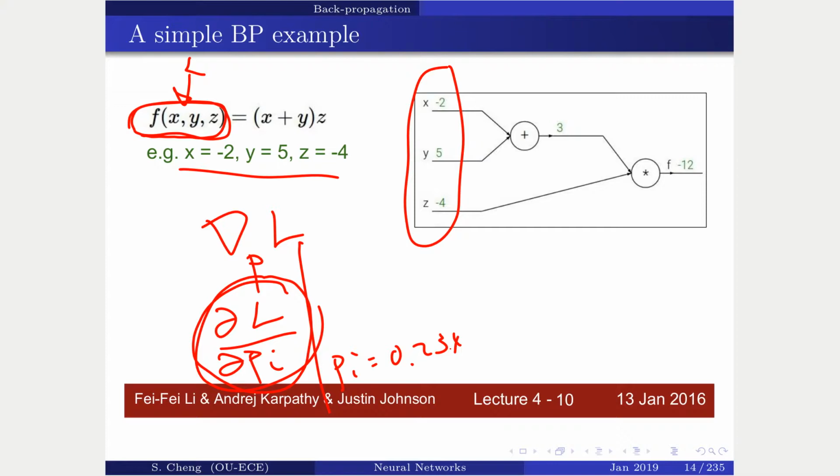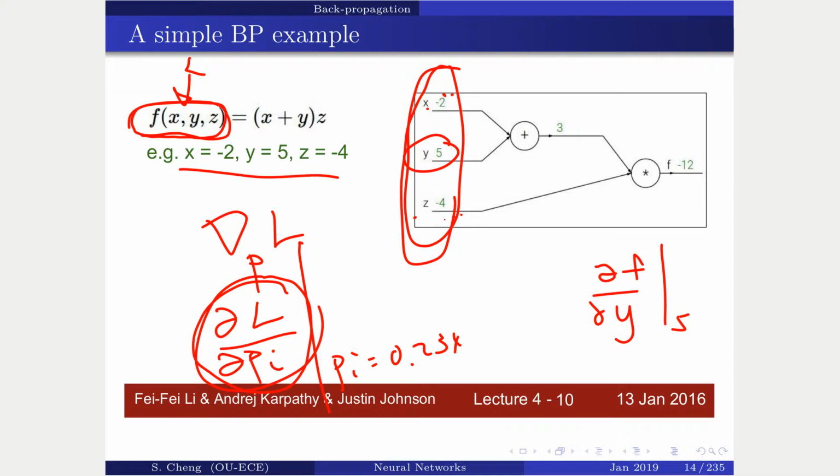So here, let's say this is the parameter. I'm interested in partial F, partial Y, when Y is equal to 5, and for the other inputs, X equal to -2 and Z equal to -4.